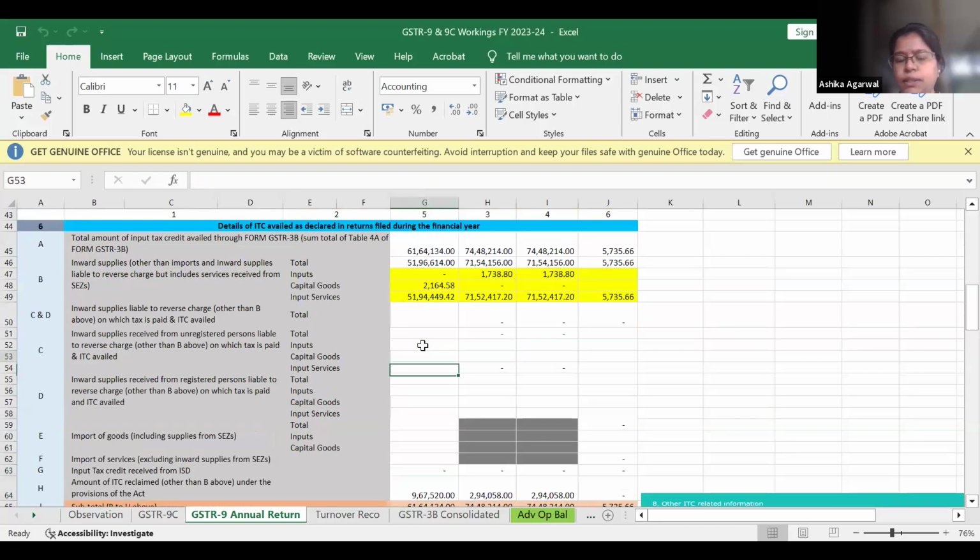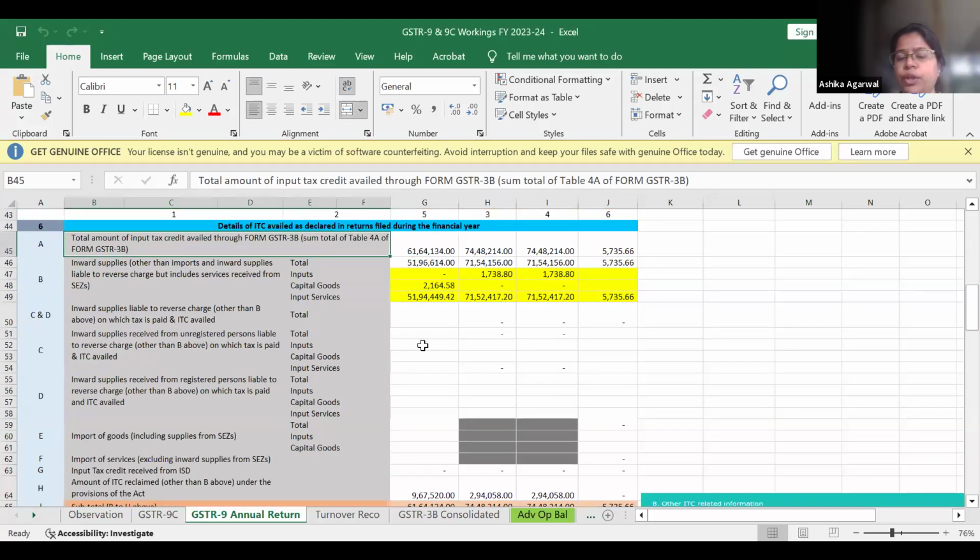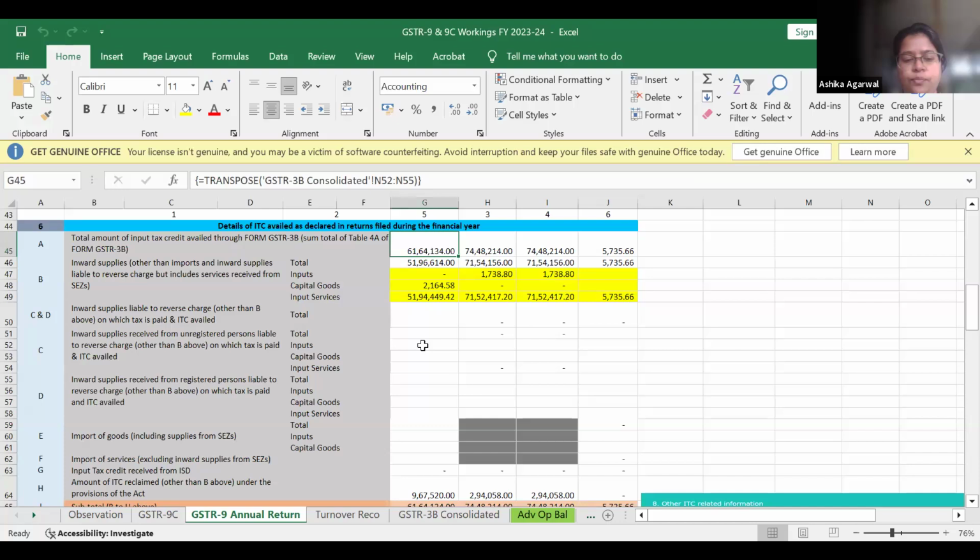So this is a table showing you the ITC part. As you can see, there is a table 6A, which is basically your table 4A total.